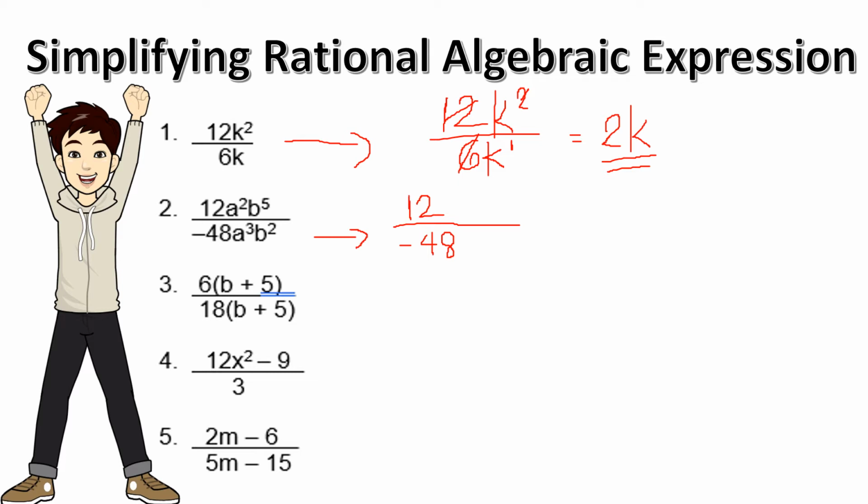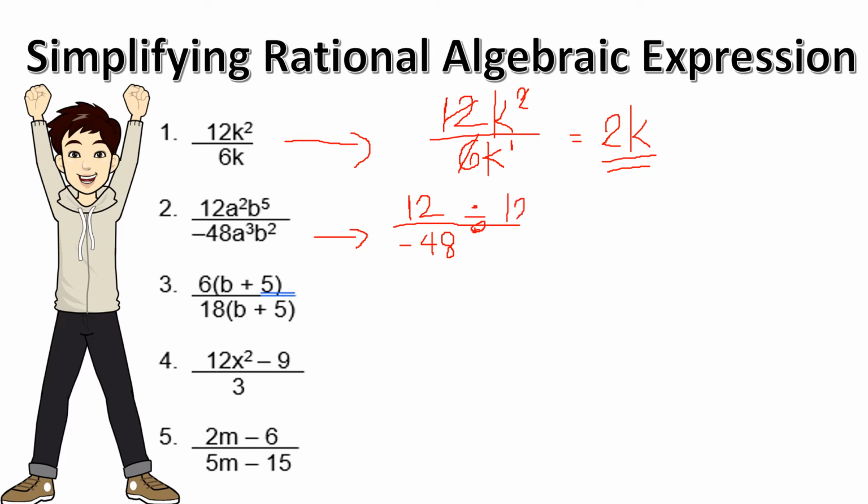So what we are going to do is make use of factor. Ano yung common factor? Ang greatest common factor ng 12 and 48. Ibig sabihin, hanap tayo ng number na kayang i-divide si 12 and 48. So pwede natin gamitin doon ay 12. So 12 ang highest or greatest common factor ng 12 and 48.